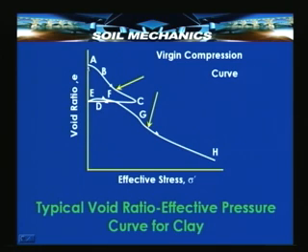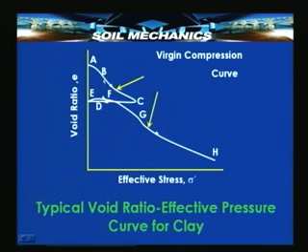Suppose we start compression from a value of void ratio e corresponding to 0 state or 0 stress increment in the given soil. When there is no stress, when the soil is under its initial state, the void ratio has a certain value corresponding to point A. Then as you apply the stress and the corresponding effective stress sigma dash, then the void ratio keeps on decreasing.